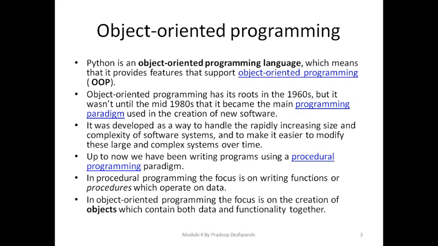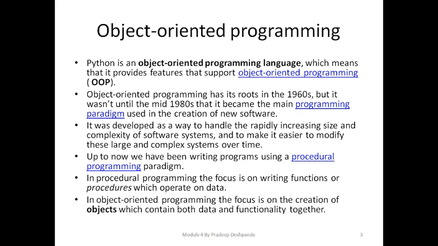Since you are all familiar with object-oriented programming, there are many things we have studied, such as encapsulation. Basically there are two types of programming paradigms here: one is object oriented, another is procedure oriented.